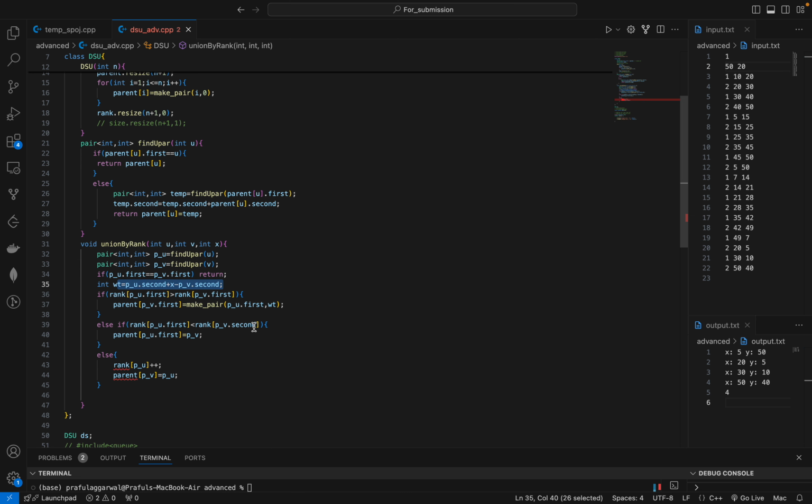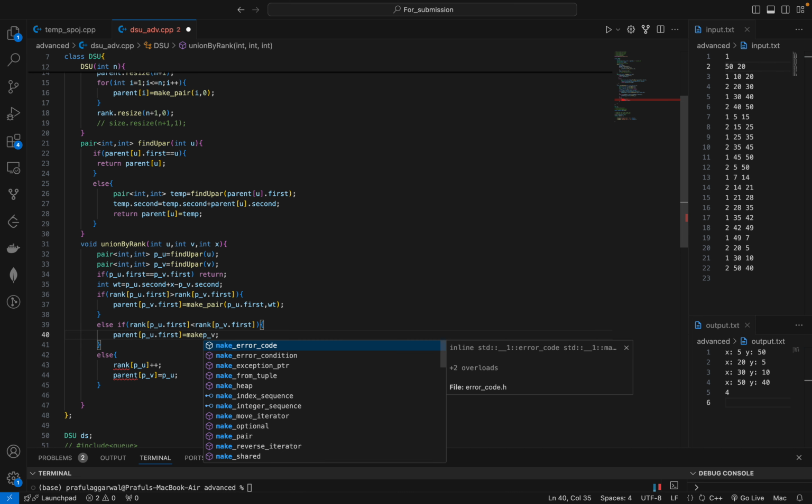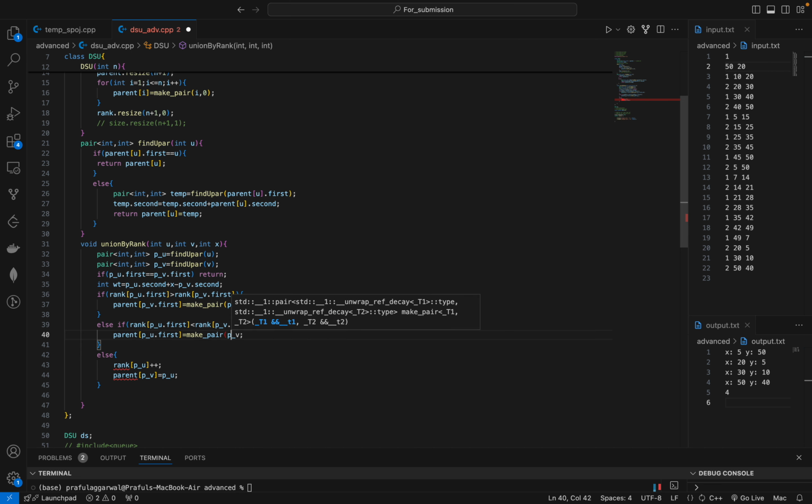And this should be first. So now we should assign the parent of u as v. Also, what will be the weight this time? When we were making an edge from v to u, it was weight. Now if we are making an edge from u to v, what will it be? It will be minus weight, obviously, right?